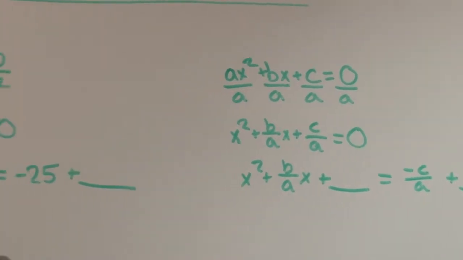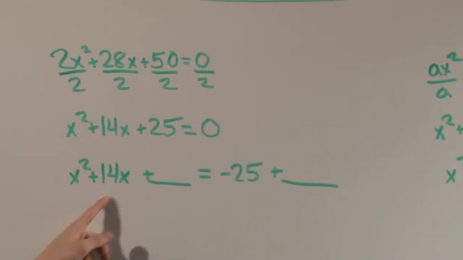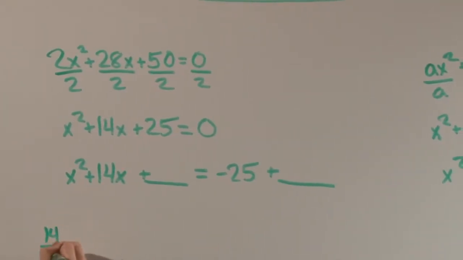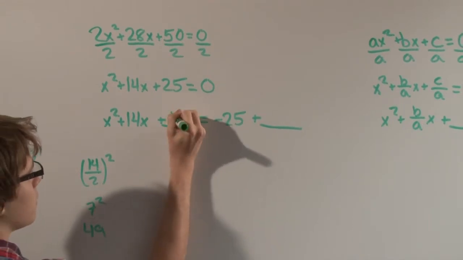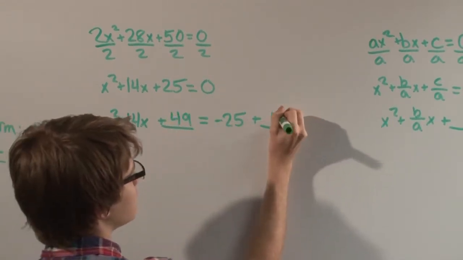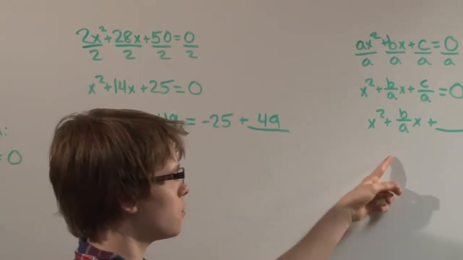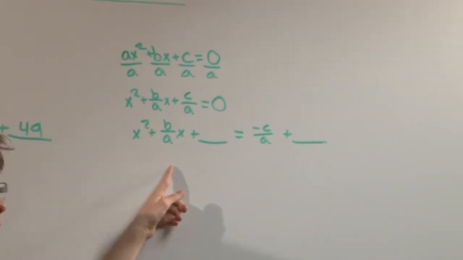So what are we going to add to both sides here? Well, we take this middle term, 14 over 2, and we square it. So 14 over 2 is 7 squared is 49. So you add 49 to both sides. Then over here, we're going to do the same thing.